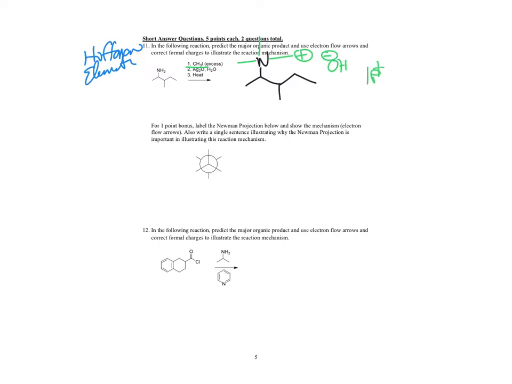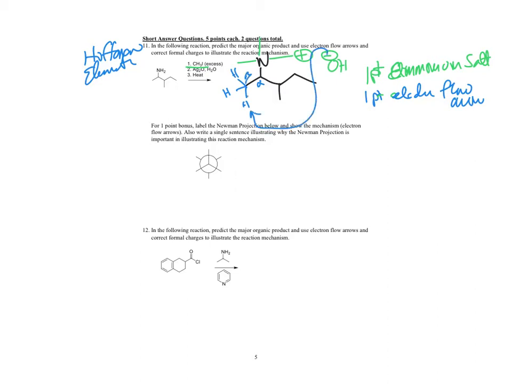The second point is we'll put 1 point. This is your ammonium salt. So if you've drawn that, you get that point. 1 point is your electron flow arrows. So this is your alpha. This is the beta hydrogen. So I need to see your electron flow arrows coming and taking that beta hydrogen and pushing off the trimethylammonium.